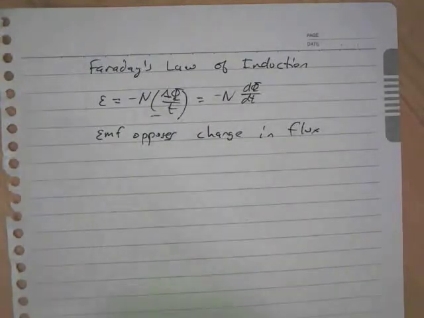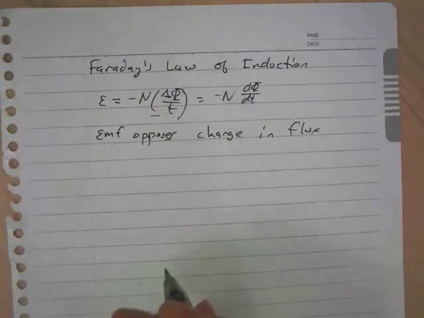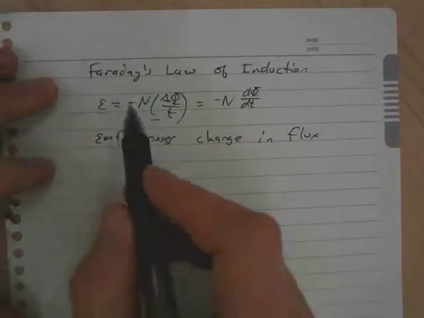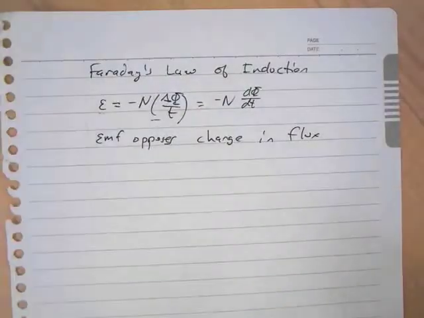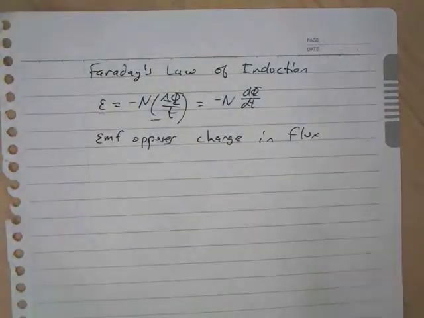And so whatever direction this change in flux is, the induced current is going to flow in the direction that produces a B field that is in the opposite direction of this change in flux. Okay. But this gives the EMF, and then the current in the secondary circuit you could find based on what circuit elements or properties of the wire are in that secondary circuit.